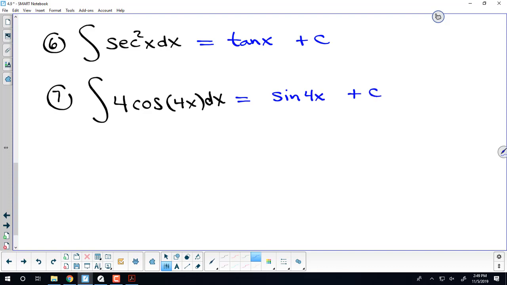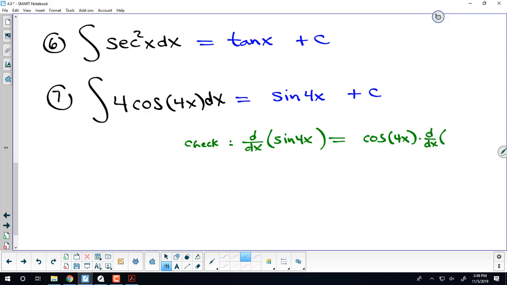So we can check if we're not sure. What's the derivative of sine 4x? Derivative of sine is cosine times the derivative of the argument, for cosine 4x.